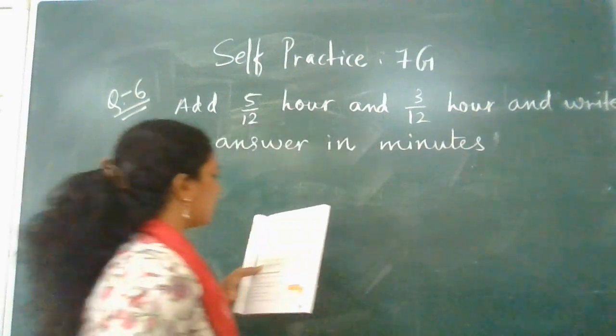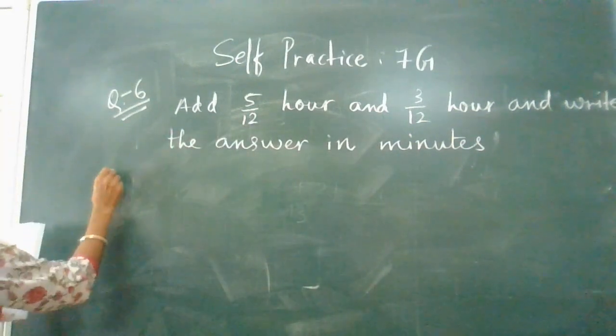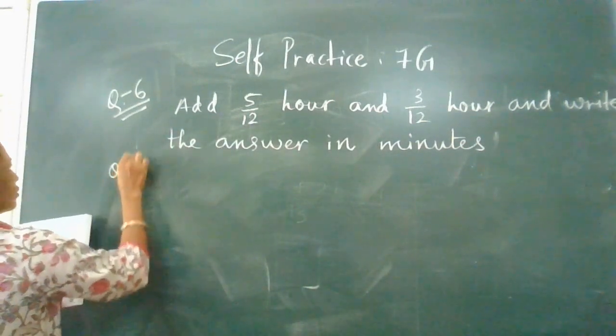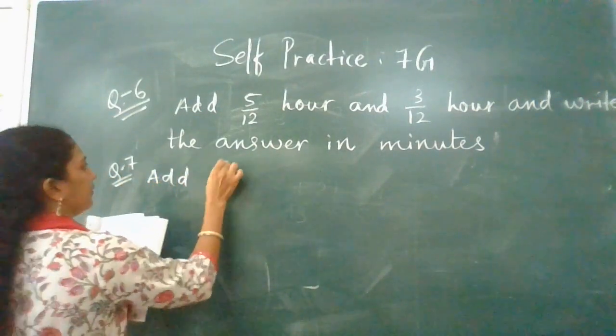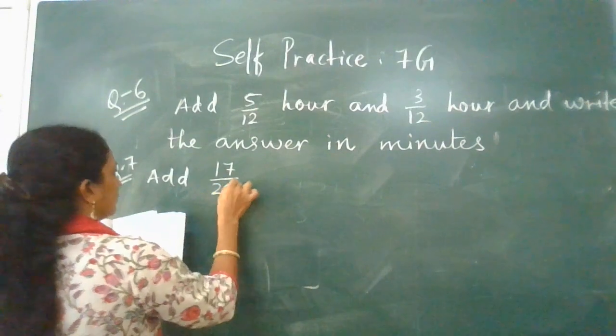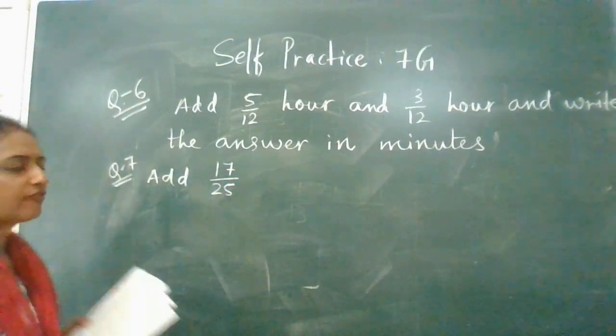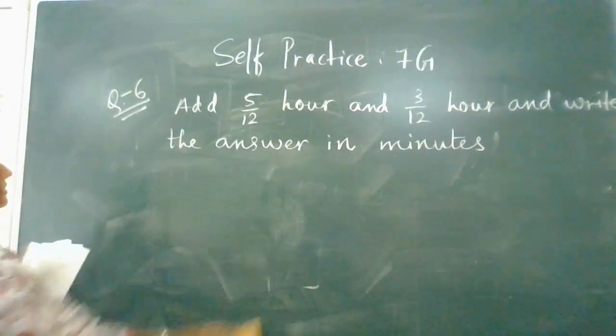Okay, this is your question number 6. Now we'll be doing question number 7 also, that is add 70/25. Okay, we'll do question number 7 afterwards. First we'll do question number 6.